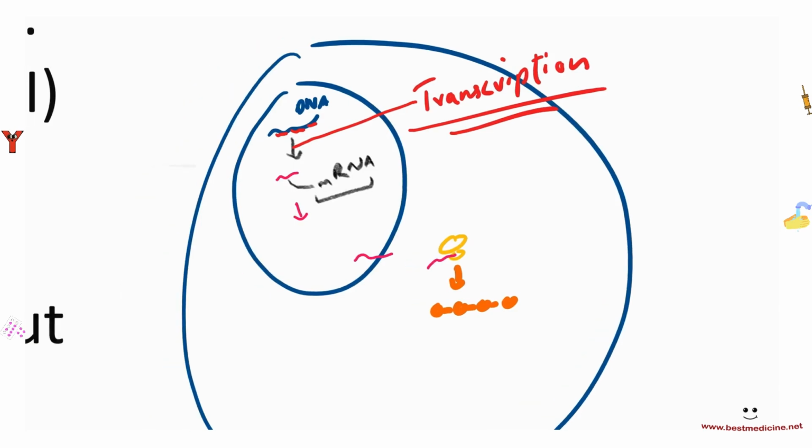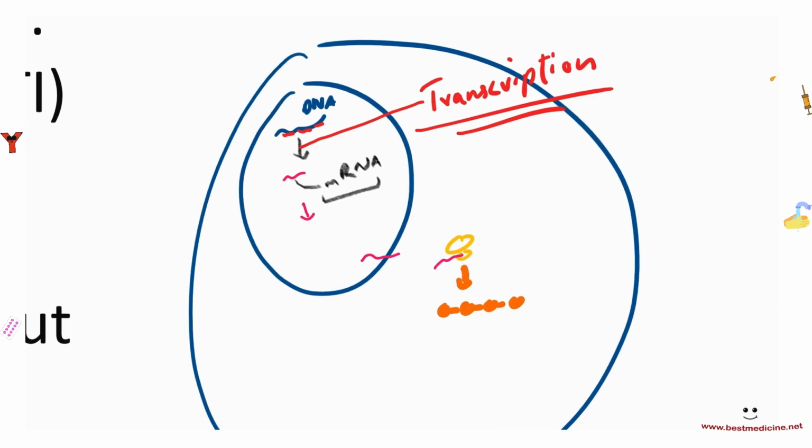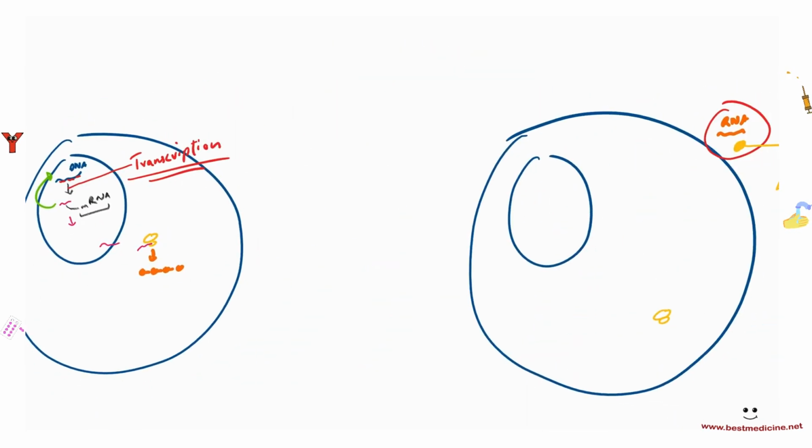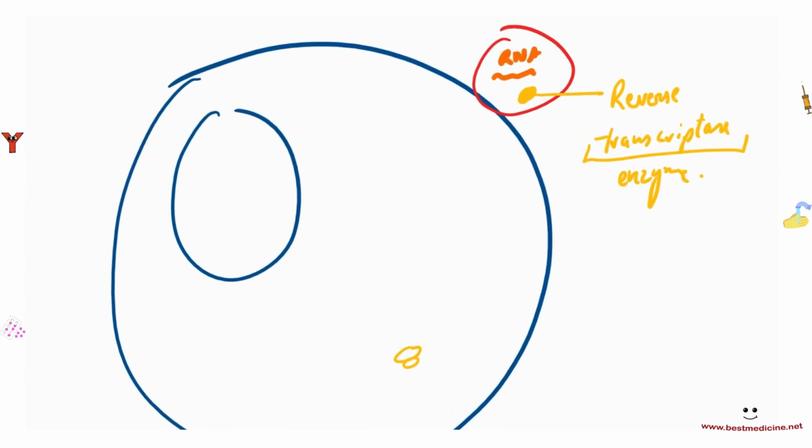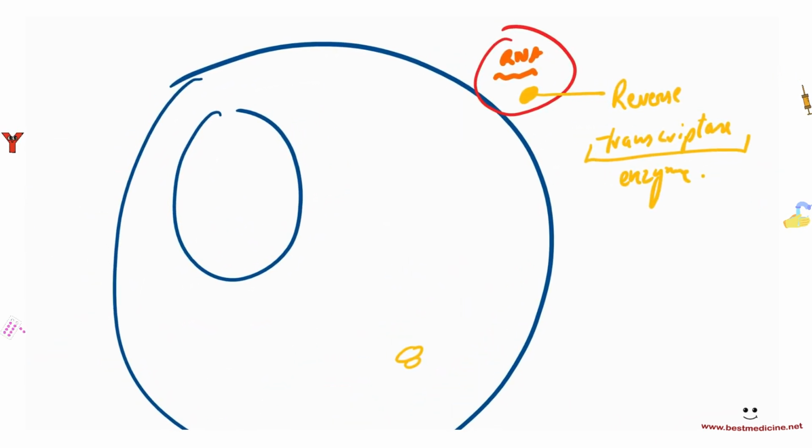If you are able to reverse this, go from an mRNA to DNA, which is usually not possible, except in such rare cases when you have HIV, going from mRNA to DNA would be reverse transcription. So HIV contains an enzyme called reverse transcriptase. So let's see what it does.